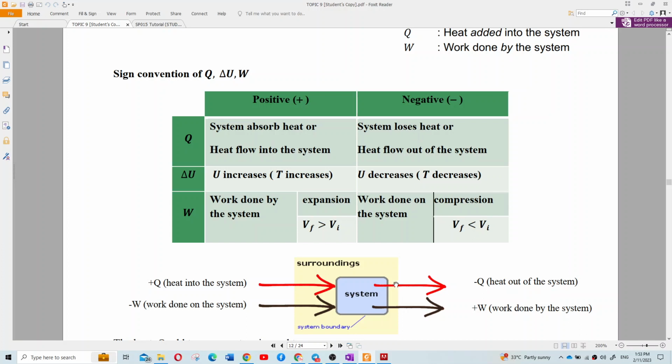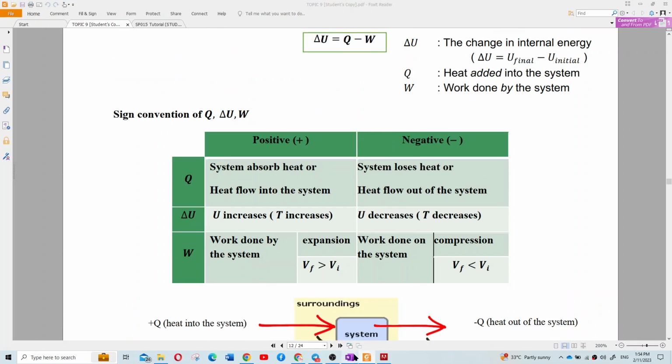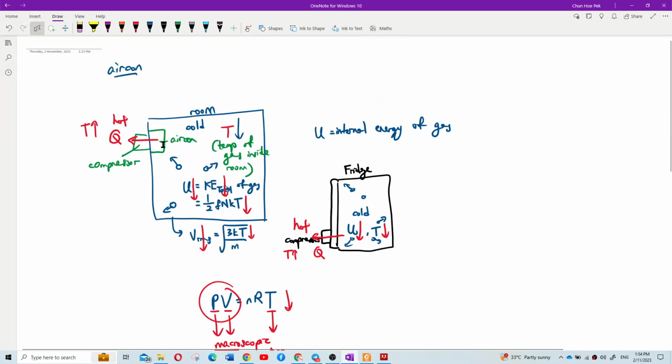If heat is lost, like the aircon takes out the heat from the room, the room feels cold. If heat flows out from the system, out from your room, out from your refrigerator, then you put a negative value for Q. Then your room will feel cold. Understand? When heat flows out from the room, you feel cold because the internal energy inside the room decreases.